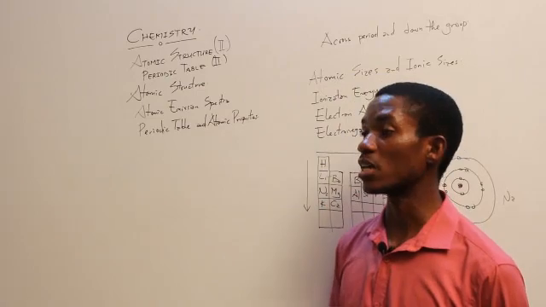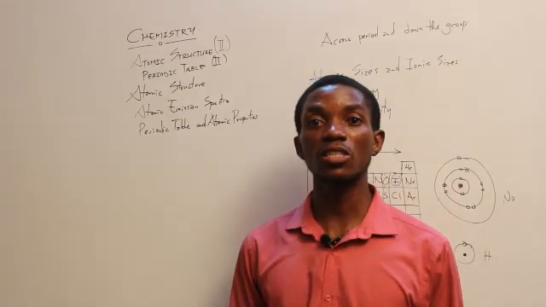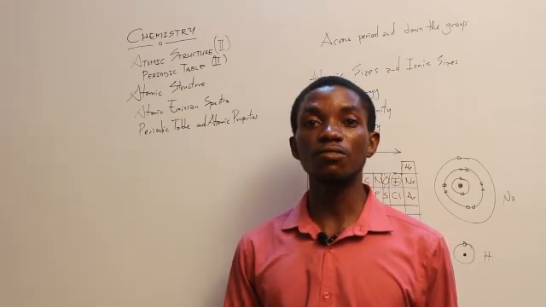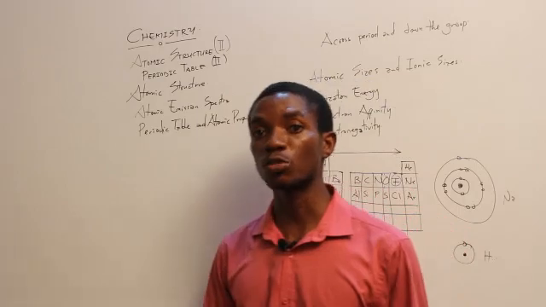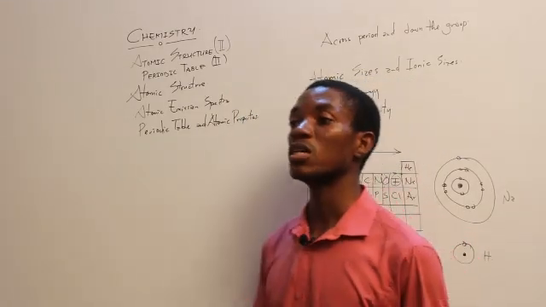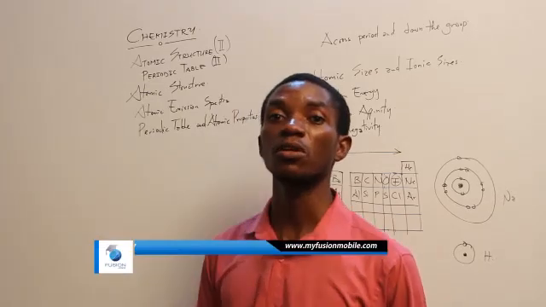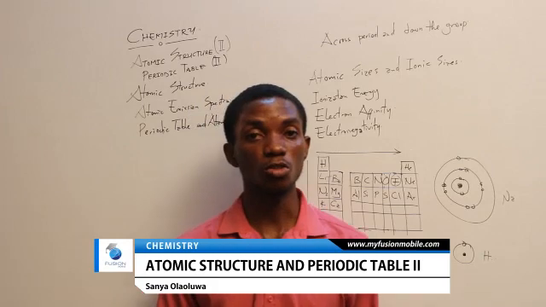We also looked at the atomic spectra. We talked about the energy losses. We talked about the different levels in the shells, the shell level and the subshell levels. We also looked at the periodic table, and we talked about the relationship between the periodic table as things move across the table and down the group.